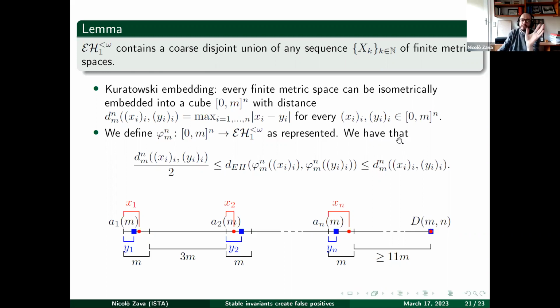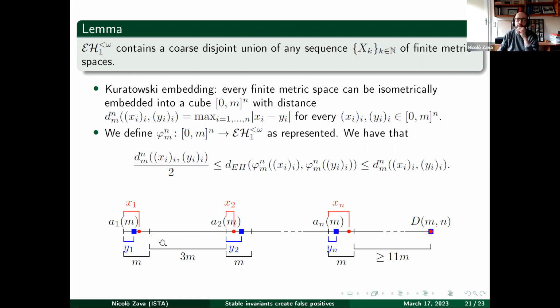So we can restrict ourselves to consider just these: cubes, like an interval to the power n, with the supremum metric. So something quite tangible, something that you can actually work with. And so now we can take x1, ..., xn, a point in the cube, and we produce a subset of the real line the following way.